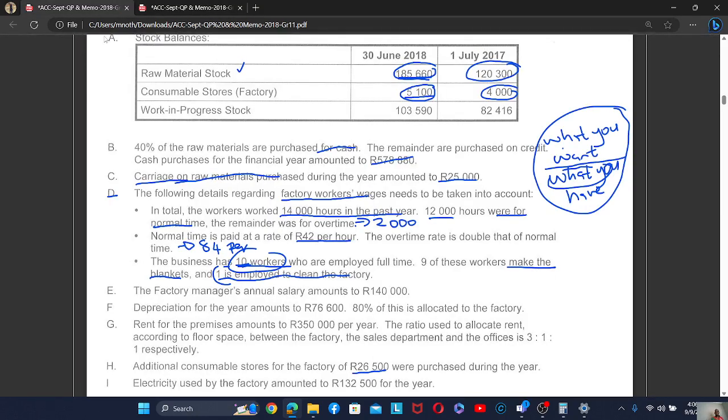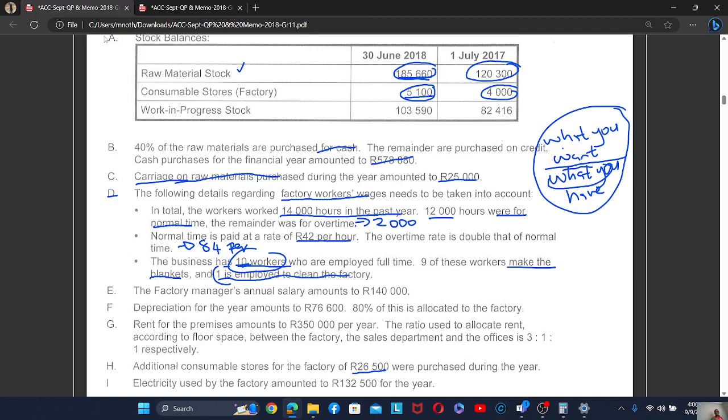At the beginning of the year, the indirect material was 4,000, right? Yes. And then during the year, before the end of the year, we bought 26,500 of the indirect material.